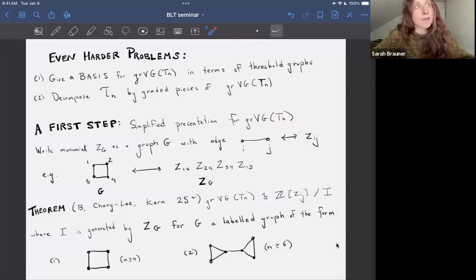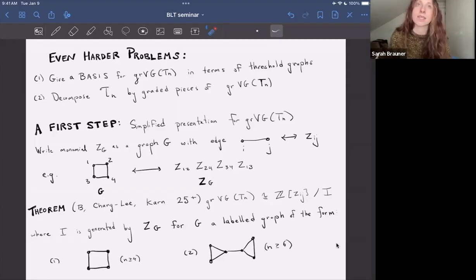The threshold arrangement is a sub-arrangement of the type B arrangement, and there's a combinatorial way of thinking about that lattice of flats in terms of signed set partitions. So you have to carefully think about what happens when you are only looking at certain hyperplanes and certain subspaces.